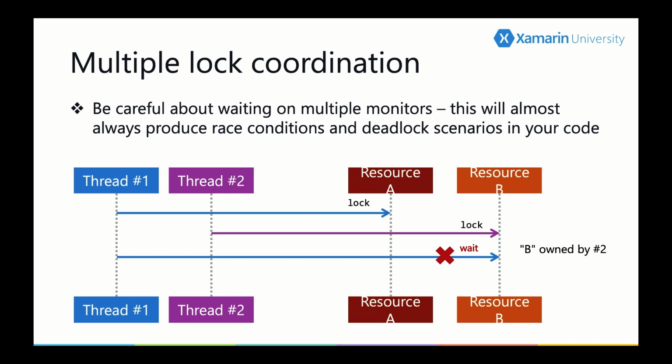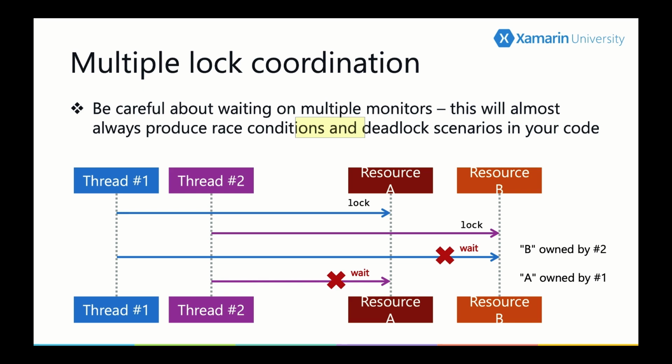And finally, thread 2 does the same for resource A, and it's blocked because the first thread owns it. And we've got a deadlock. Neither thread will give up the lock, and neither one can make any other progress. So we need to be very careful with monitor-based locks and having two or more objects involved here.